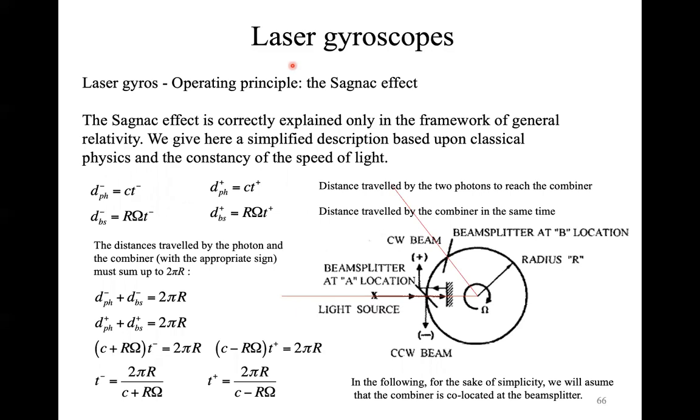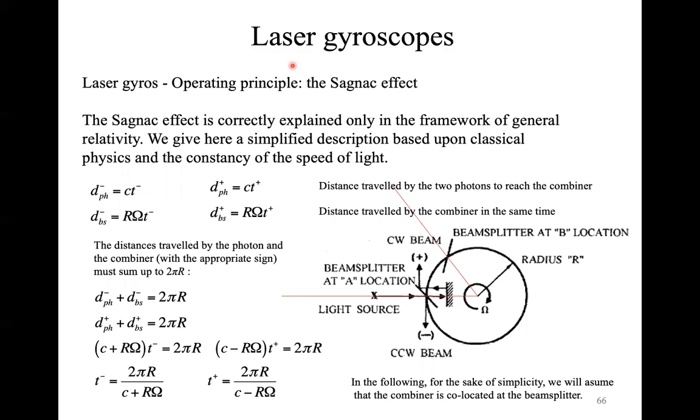Okay, so let's start to describe how a laser gyroscope works. As I said, laser gyroscopes, either ring laser or fiber optic gyroscopes, depend on the same principle, the Sagnac effect. Historically, the Sagnac effect is known because Sagnac was trying to determine the existence of ether in order to demonstrate that light has to travel in a medium.